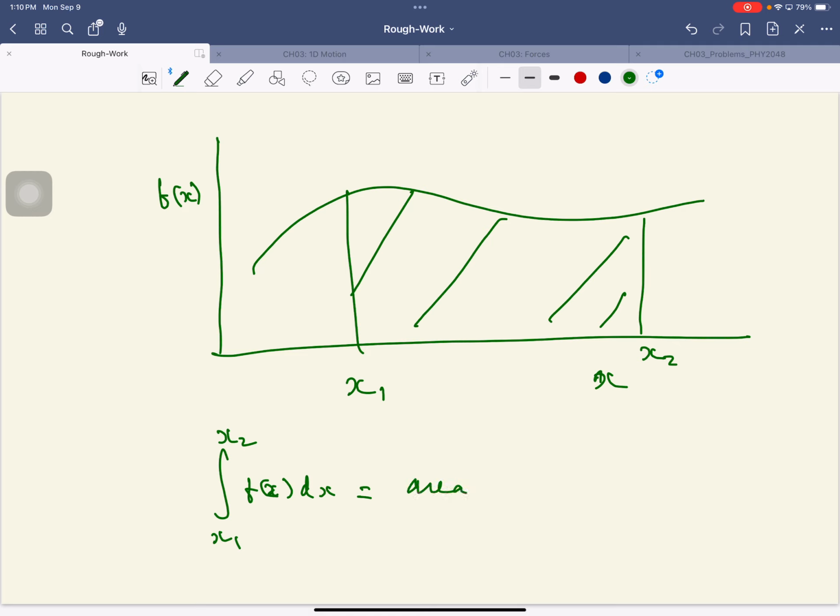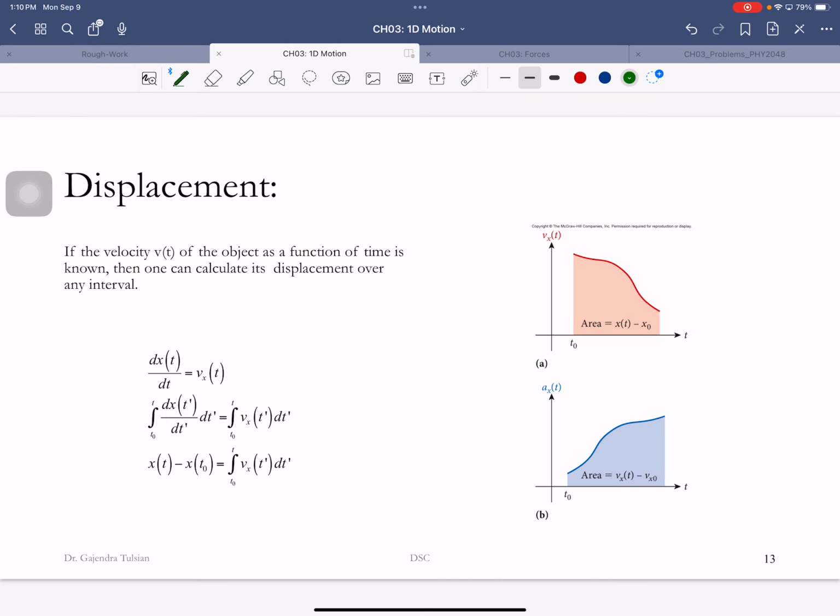So if you integrate velocity as a function of time between these 2 points, that is equal to the area under the curve. But the left-hand side says, using the fundamental theorem of calculus, it's x evaluated at that point and x evaluated at this point, which is the displacement. So the displacement is equal to the area under that curve. If you plot velocity as a function of time, the area under that curve is the displacement.